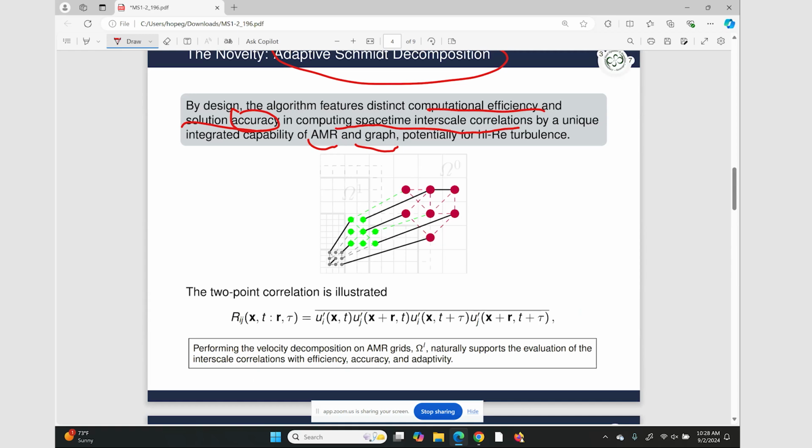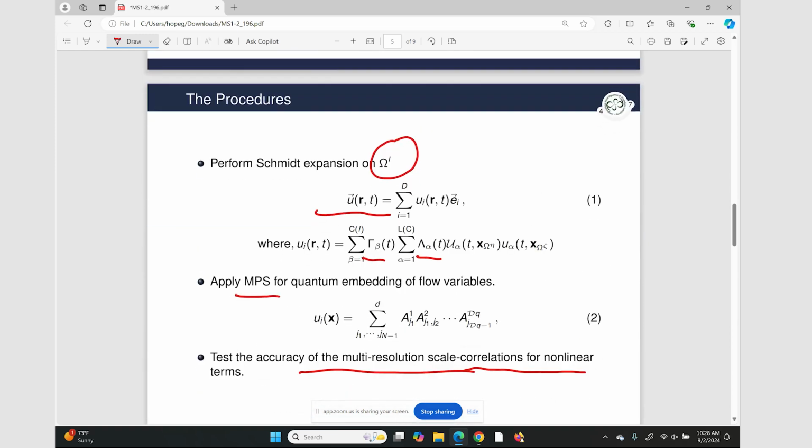You also have a strong nonlinear relation in all the terms. So the problem is how we scale to larger problems. As you can see, this decomposition becomes larger, and this is the bond dimension. The bond dimension is basically an indication of the computational efficiency.